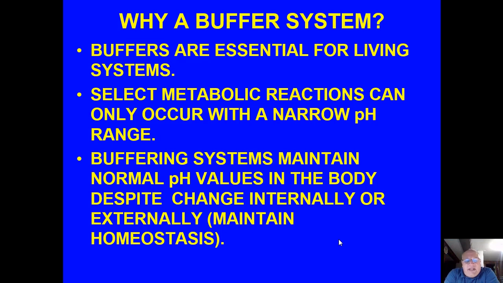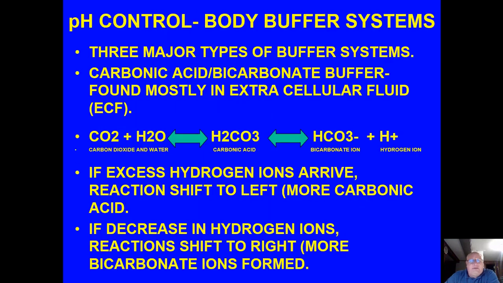This is how you manage changes in your body. Despite these changes, you will continue to maintain homeostasis, in other words, maintain normal function. Those select metabolic reactions will not be affected by rapid and intense shifts in the pH. I hope that makes it clearer.